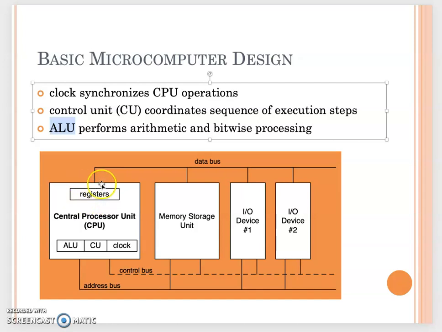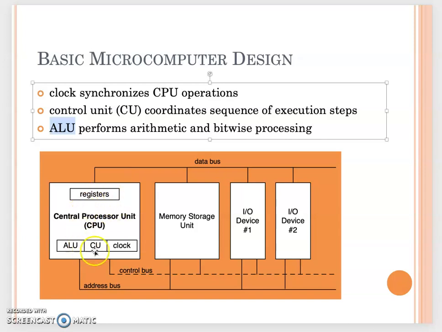Those registers actually reside in the CPU. So when we showed you the machine language and assembly language, we worked on the data in the registers. Why? Because they are right in the CPU, so they can directly access the data. So they won't waste time.